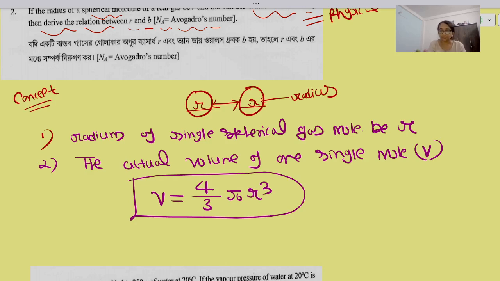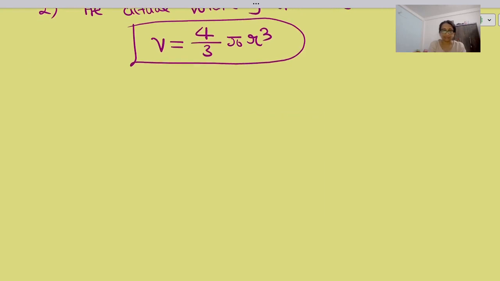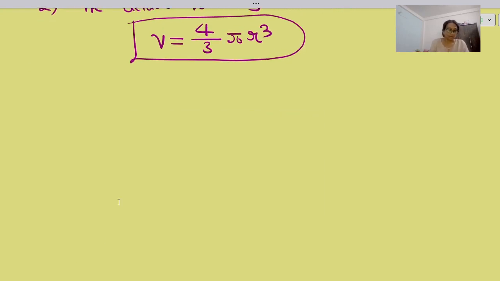Now further calculation: consider two identical spherical molecules approaching each other closely. The centers cannot come closer than a distance equal to r plus r, that means the summation of the radii, which is 2r.